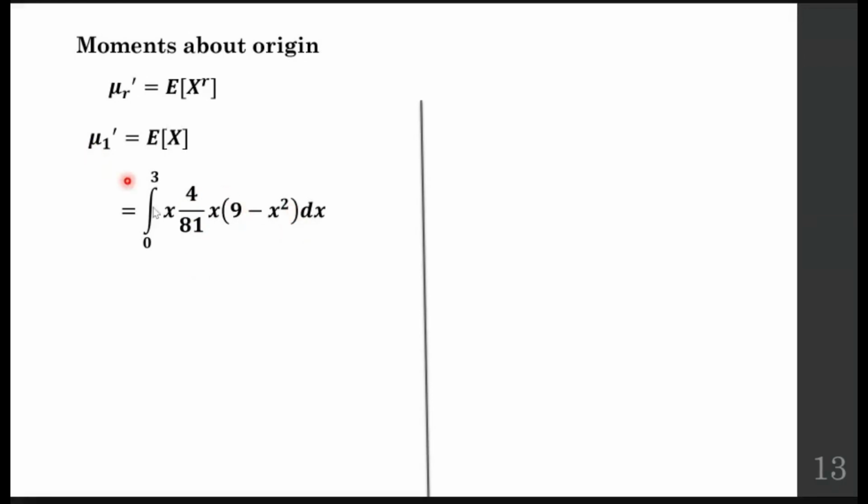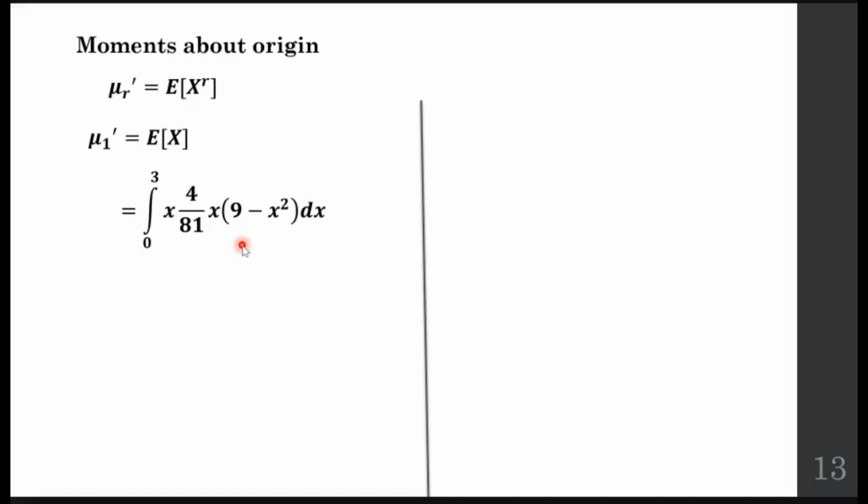If we integrate this, we will get mu1 dash. Then mu2 dash, mu3 dash. So either you use the coefficient of t raised to r upon r factorial by making use of the expansion of e raised to 3t, or we can do directly the normal method of calculating the moments. Hence is not asked here, only find the MGF and find the moments about the origin. If hence is asked, only then we have to use the MGF to calculate the moments.